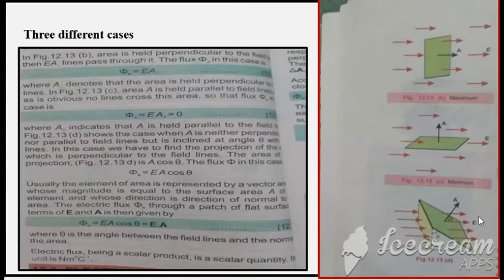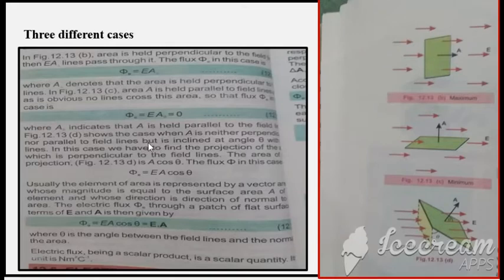Okay, now consider the third case, figure 12.13d. This shows the case when A is neither perpendicular nor parallel to the electric field lines. In this case, the green patch is at some angle to the direction of the electric field lines. It is inclined, making some angle with the direction of electric field lines.